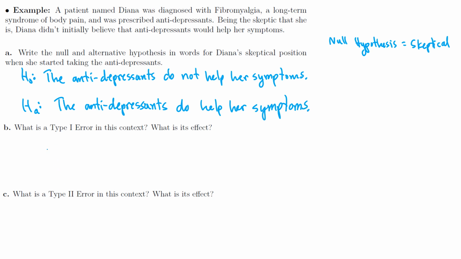So, what's a type 1 error in this context? And what is its effect? Of course, remember that means to reject a true null hypothesis. Okay, so what does that mean? Well, if she's rejecting this, that means she's concluding that they do help, right?